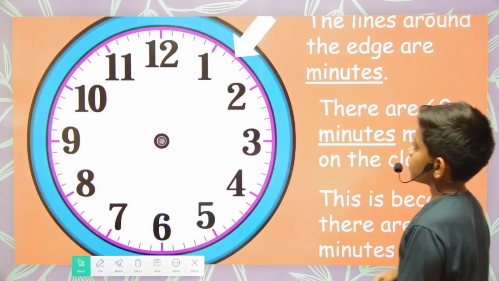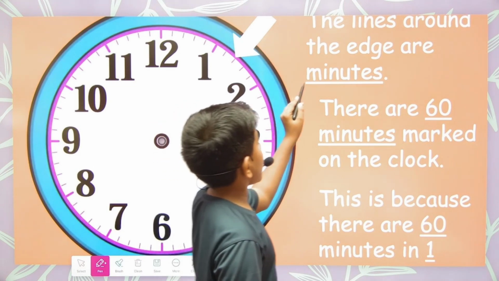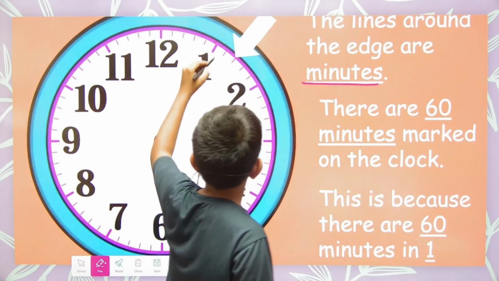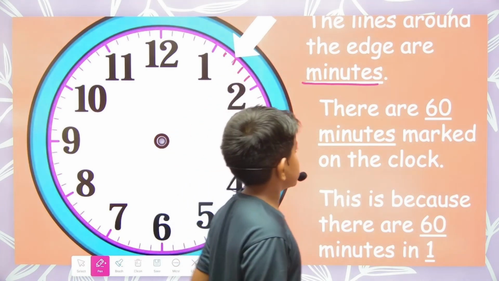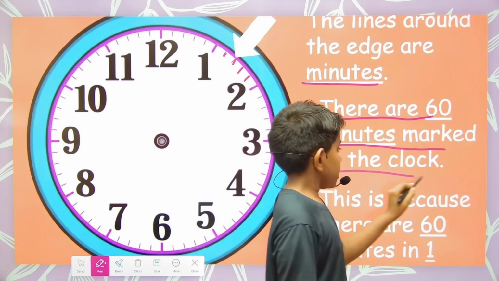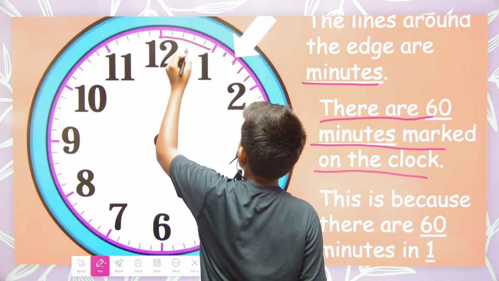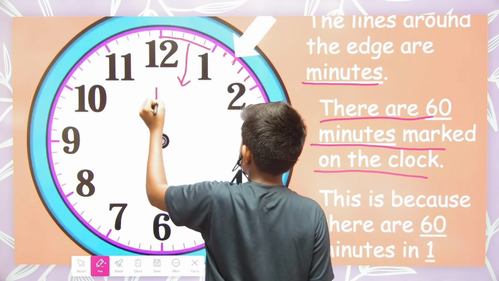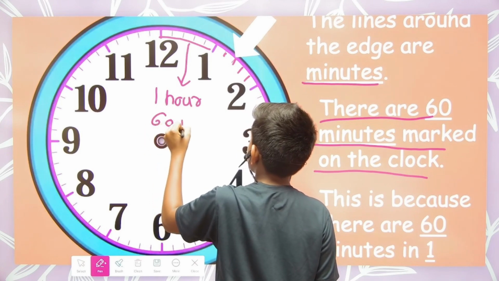Okay, next, the lines around the edge are minutes. These small lines here, you can see 1, 2, 3, 4, these are minutes. There are 60 minutes marked on the clock. It means between this one hour there are 60 minutes.